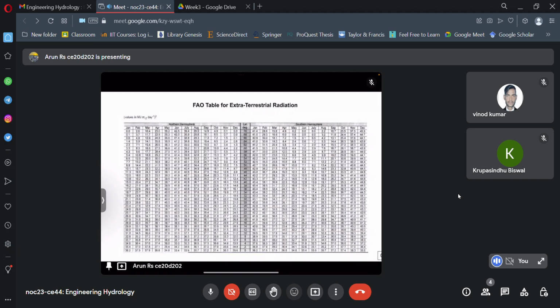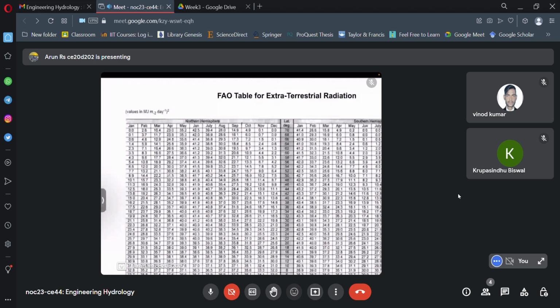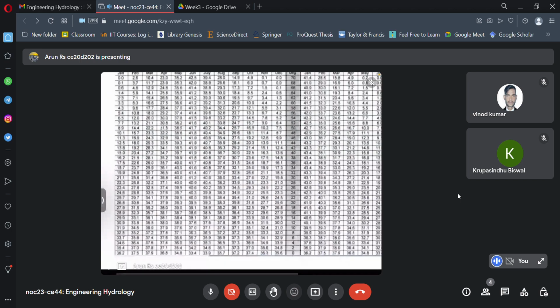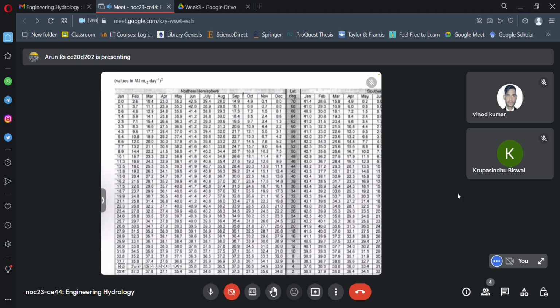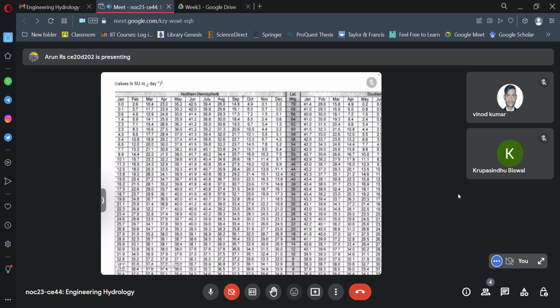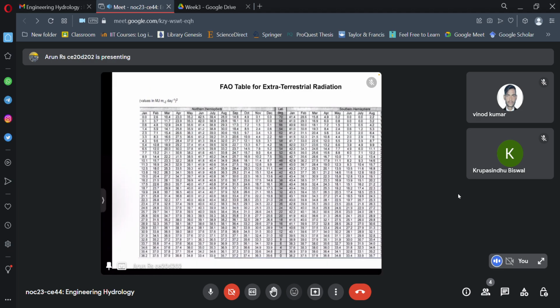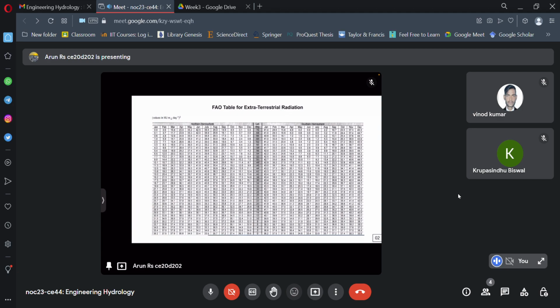The unit is megajoule per meter square per day, which is nothing but the radiation coming from sunlight. If I go down to 18 degree north and go to July, it is 38.9. That is the amount of radiation coming from the sun.